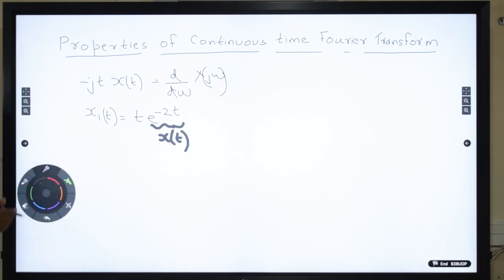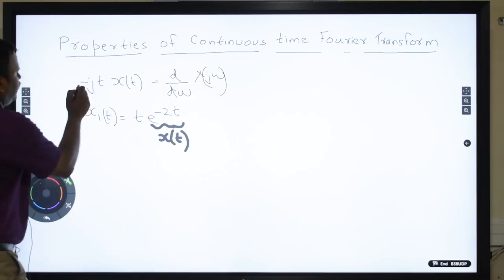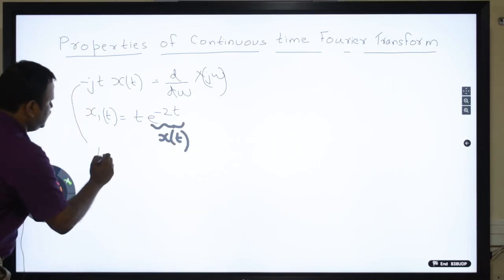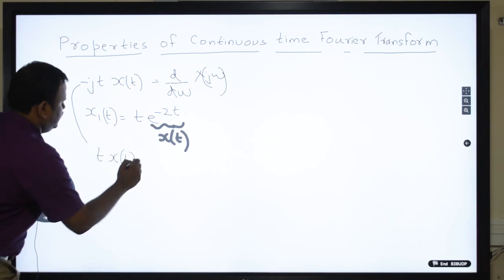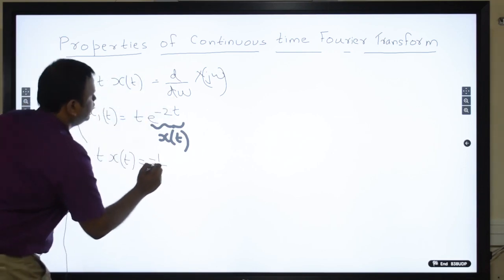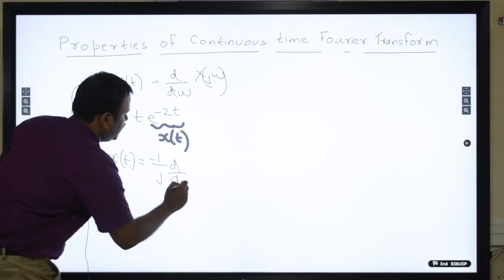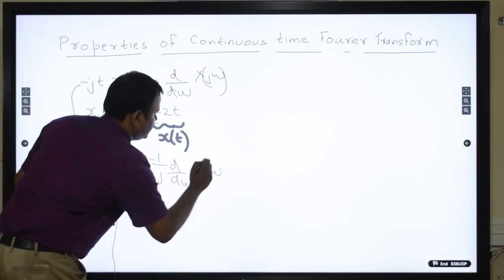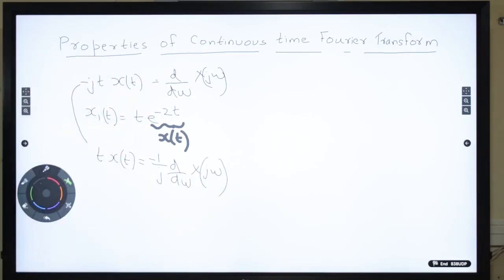Okay. So, rearranging this equation, t into x(t) equal to minus j to the other side. So, minus 1 by j d by d omega of X(j omega).